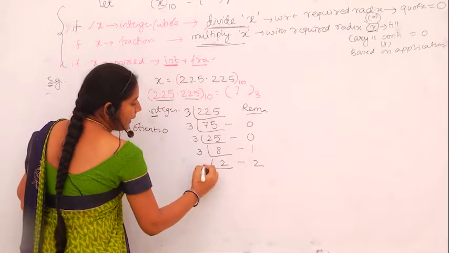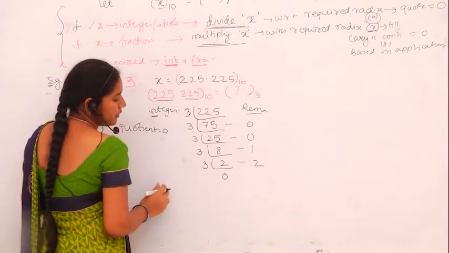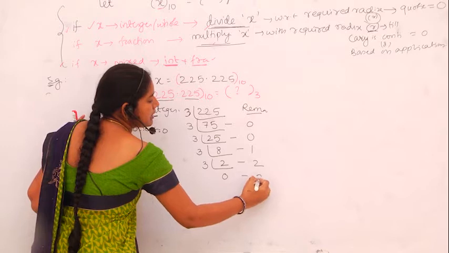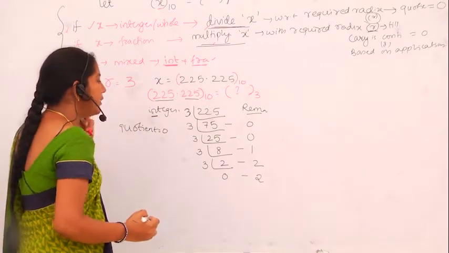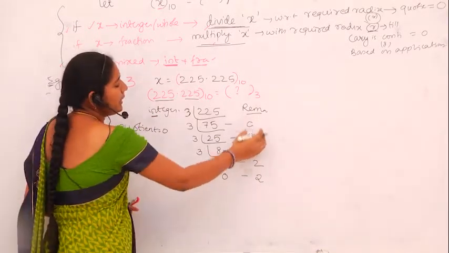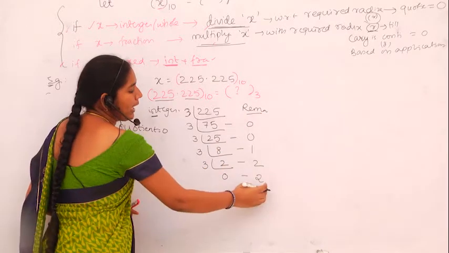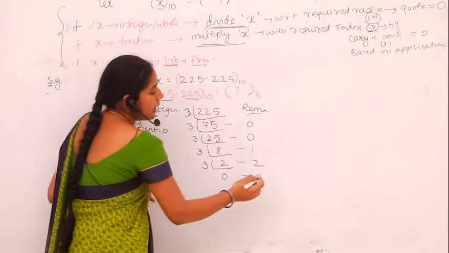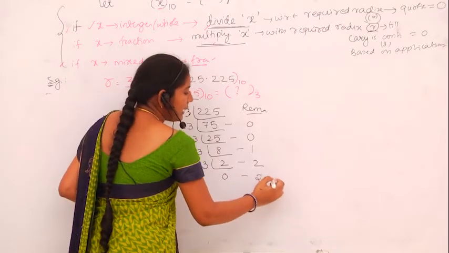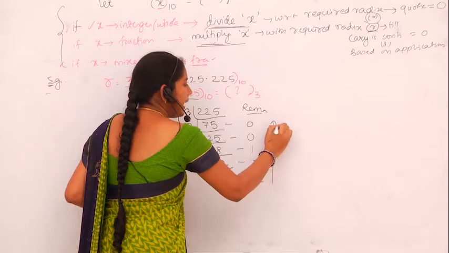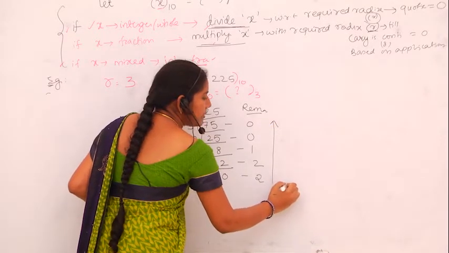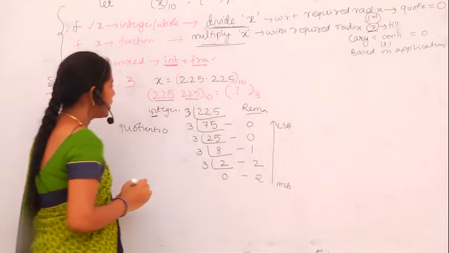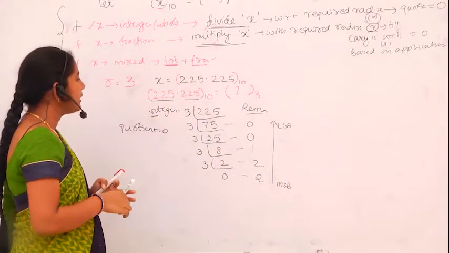So multiply 3 with 0. So 3 zeros are 0, then we'll have the remainder 2. Now consider these remainders are nothing but the equivalent values of radix number 3. So consider these remainder values in the upward direction. This is your MSB and this is LSB. So with this, integer part is over.